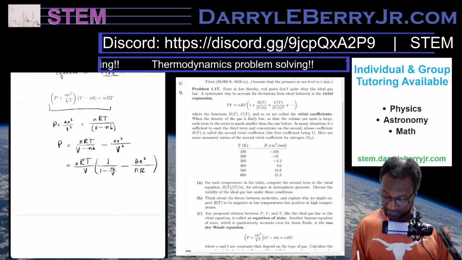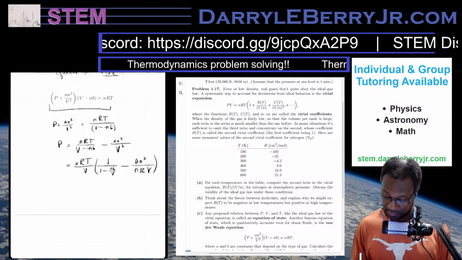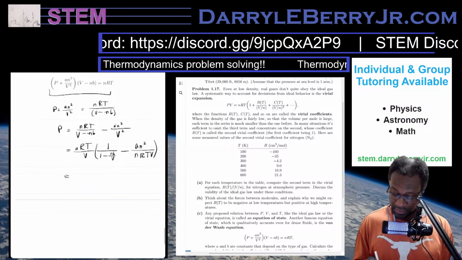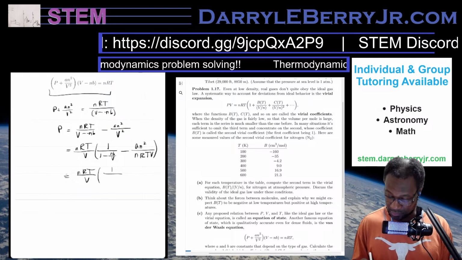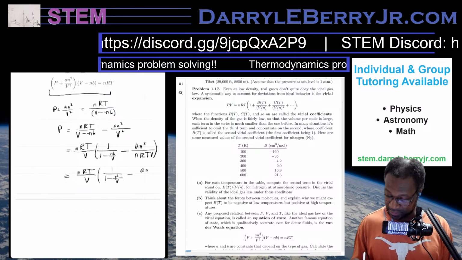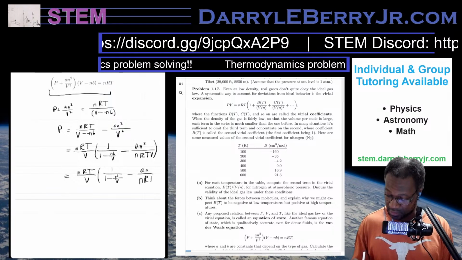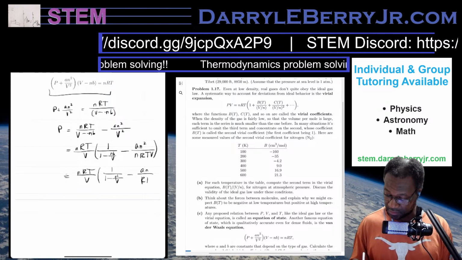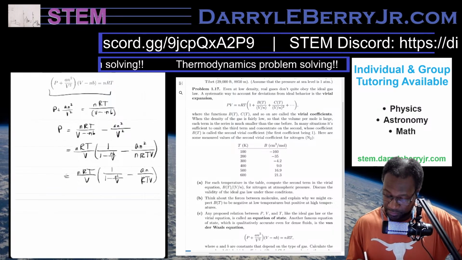V is already there, I'm dividing by V, so at least one V. That equals nRT over V times 1 over 1 minus nb over V minus an over RTV. And this is what the book has.